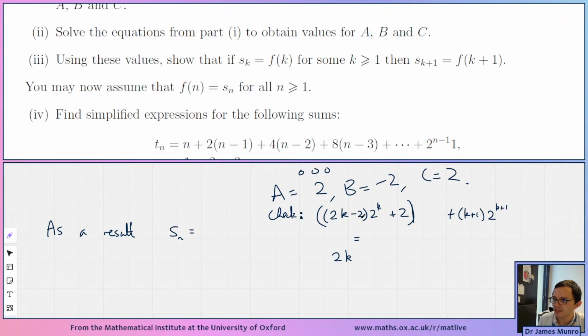Oh no, that's A, that's B. So what we're hoping for is that we get 2 times (k+1) minus 2 to the (k+1) plus c. The c doesn't change. We're hoping that it changes things to take us from this formula to this one with k+1s in it. And it does do that because these are almost exactly the same thing.